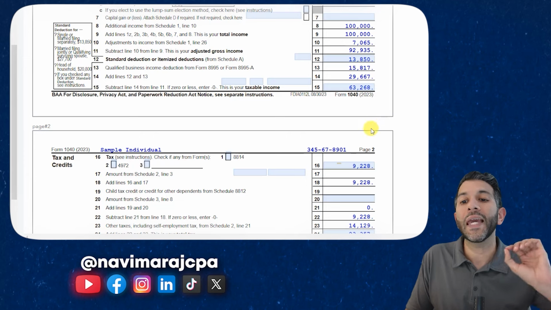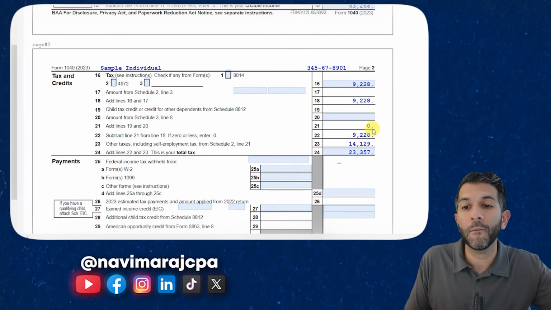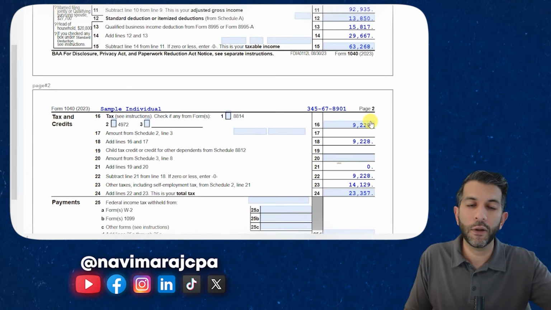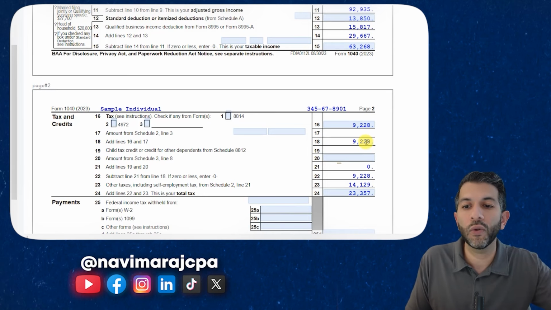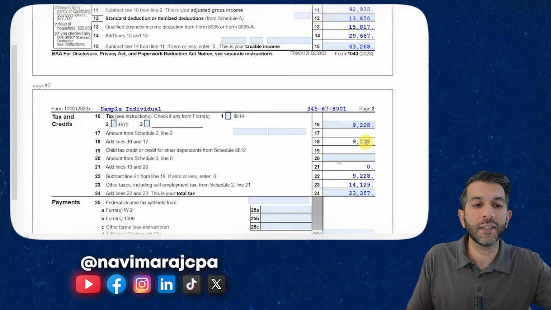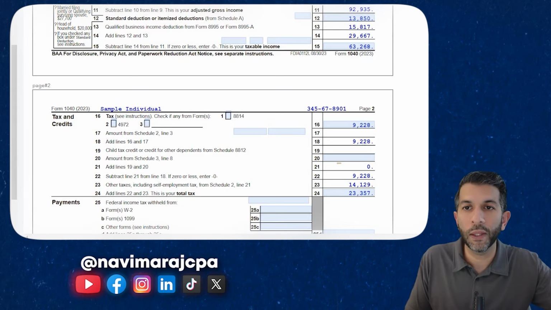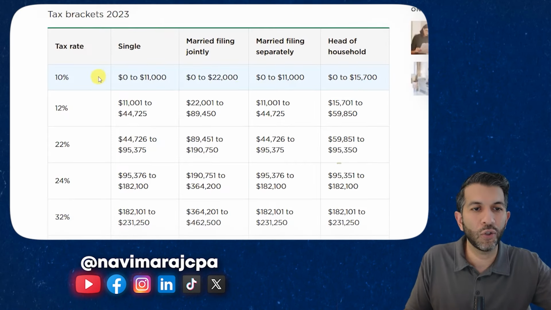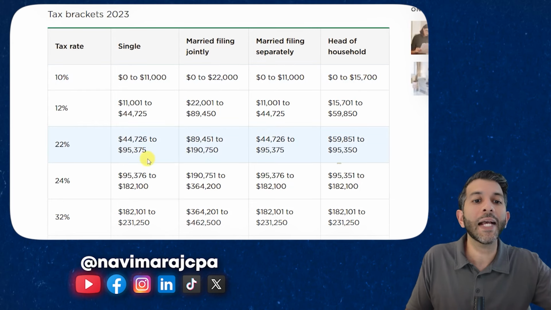Well, the income tax that you have to pay on that, if you're single, in this scenario, I'm just saying that our sample individual is single, you have to pay $9,228 in federal income tax. If you're in a state that has state income tax, then you have to pay a little bit more. Where's that number coming from, the $9,228? Well, there's tax brackets, right?